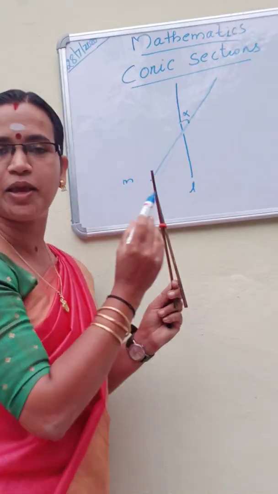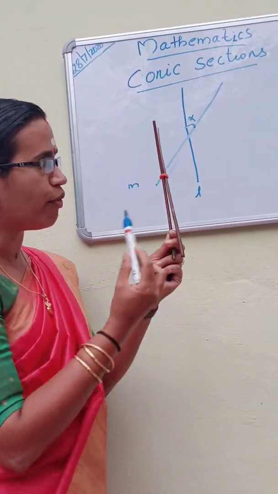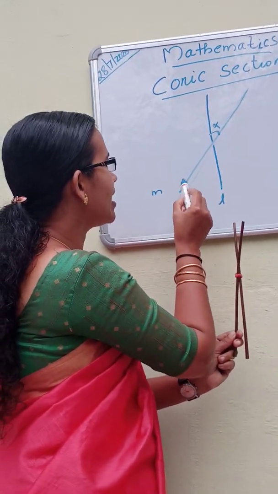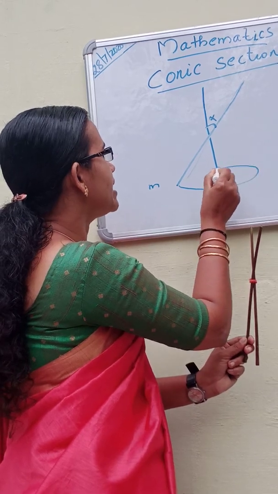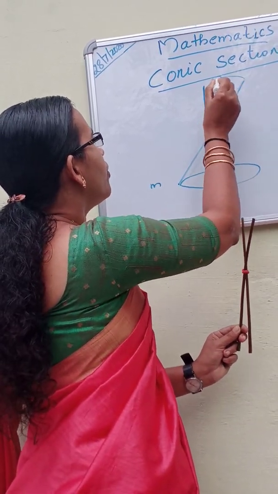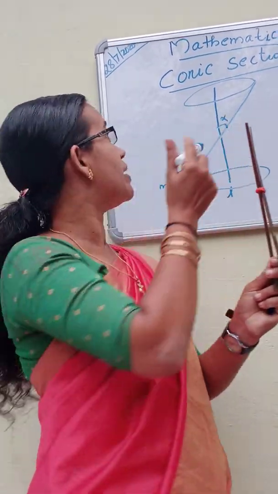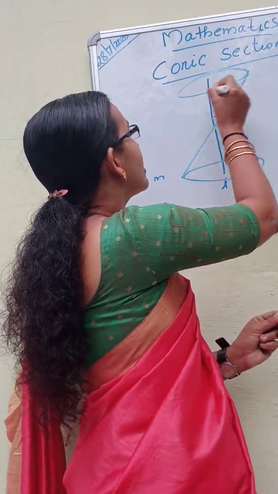Then what is the shape formed at the bottom and the top? Yes, a circle is formed.